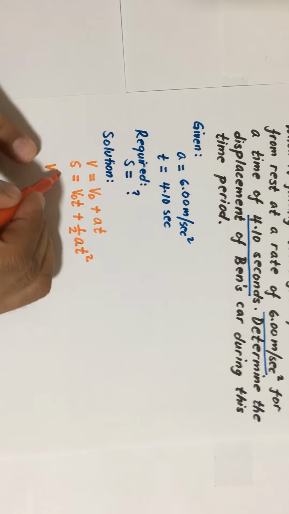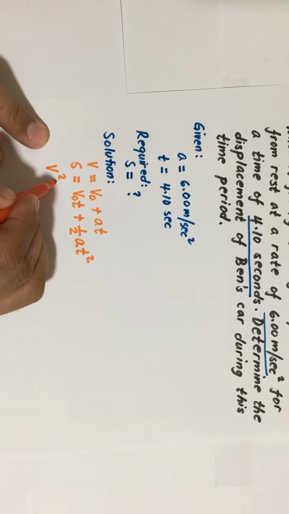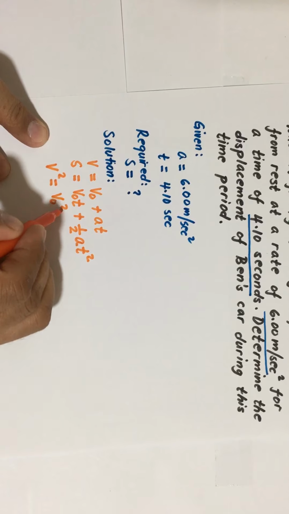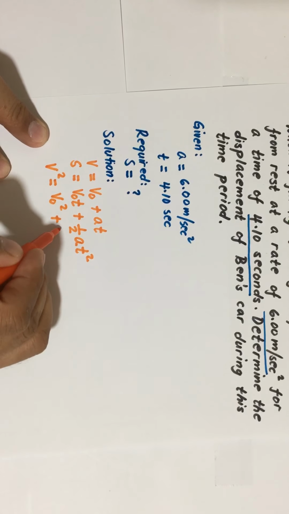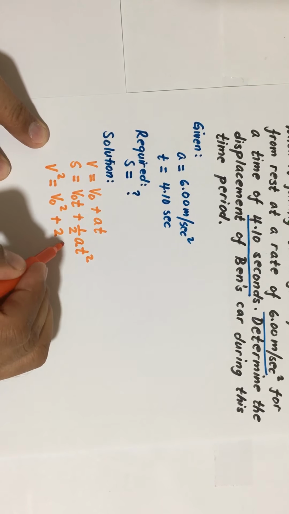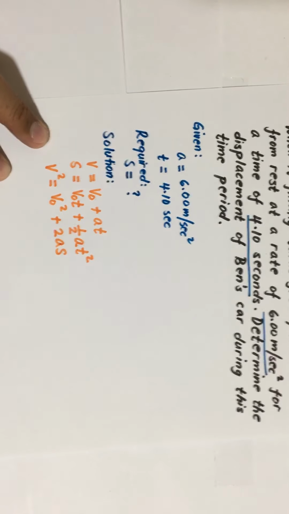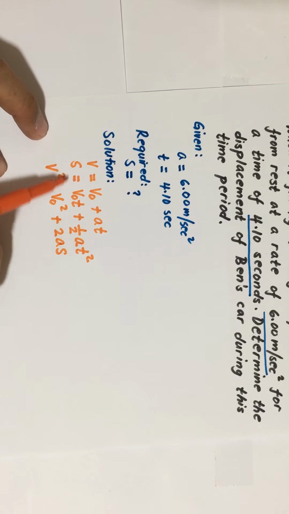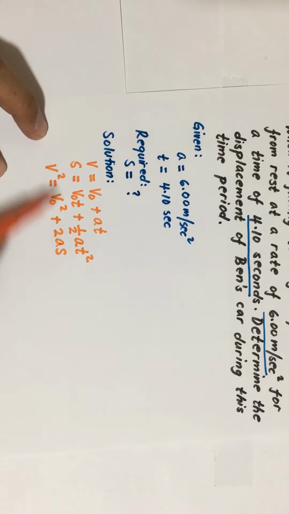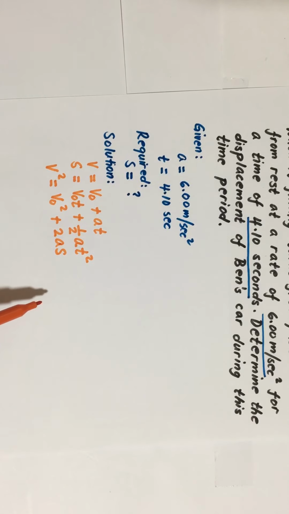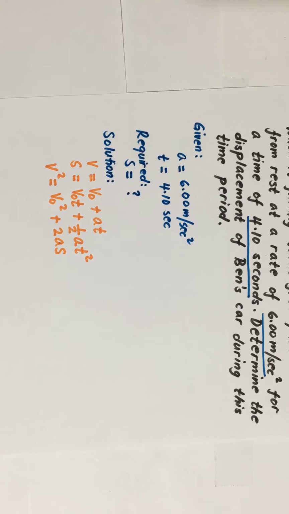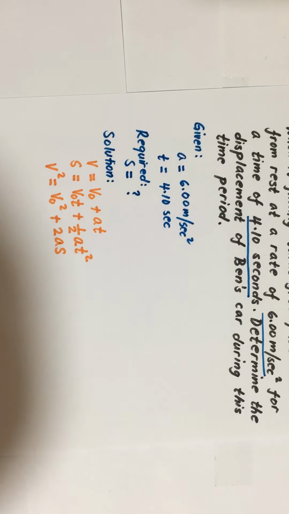And V squared is equal to V0 squared plus 2AS. We are asked to solve for the displacement, so we can use either this formula or this formula. So you have to analyze which of the formulas you can use.